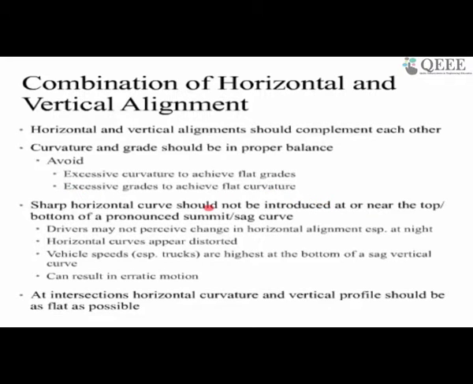It means you are connecting two cities and there is a hill in between. To make your road straighter, you want to go straight up the top of the hill and again straight down the hill. This is also not advisable.